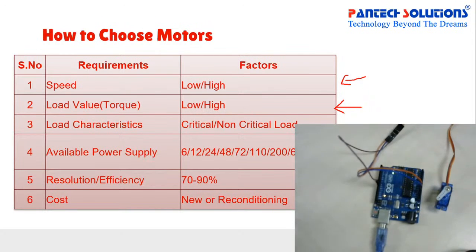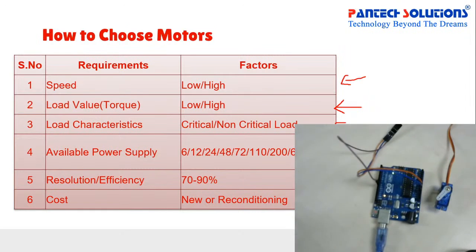And the load characteristics. The load characteristics are nothing but this: if there is an absence of human involvement in the load handling, then it will not be a critical load.